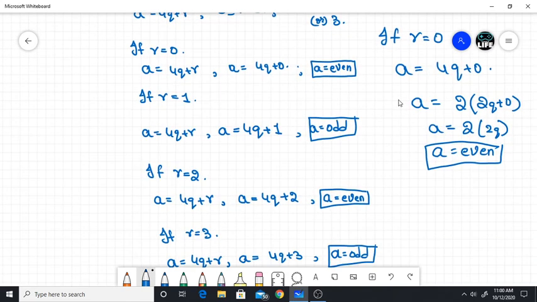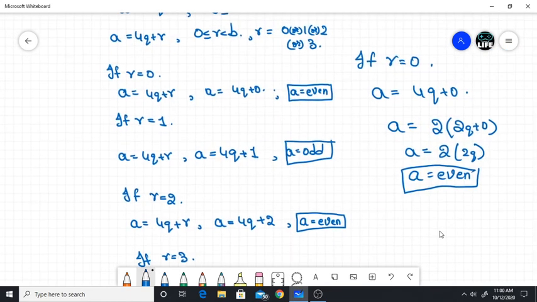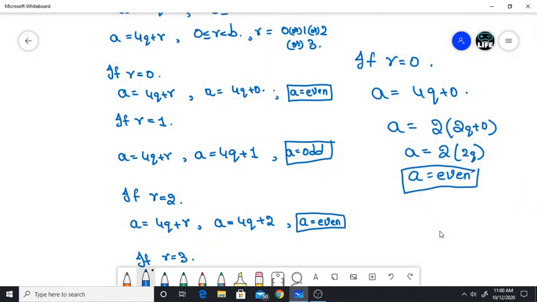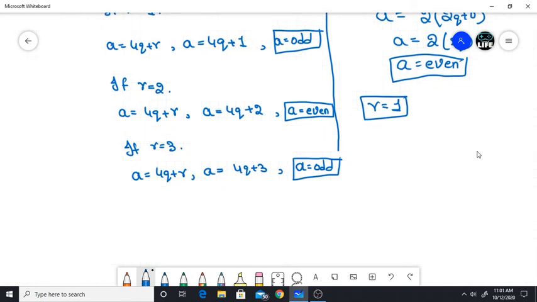In the same way, let's do it if r equals 1. This is a simple manner to understand. If r equals 1, then we will get a equals 4q plus 1.